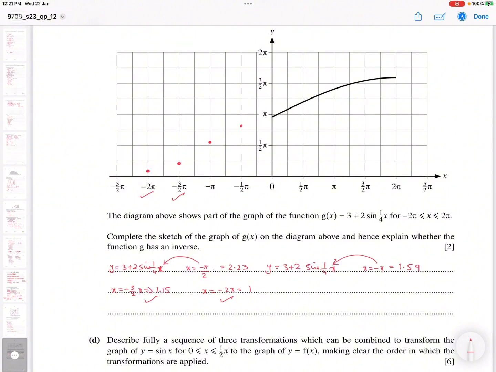Now you can join these points. So this is the sketch of the graph.